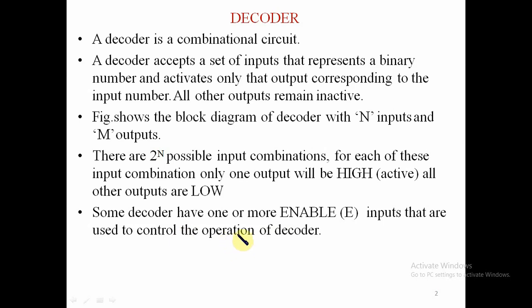A decoder may have one or more enable pins that are used to control the operation. That enable means some decoders have one or more enable input pins that are used to control the operation of the decoder.